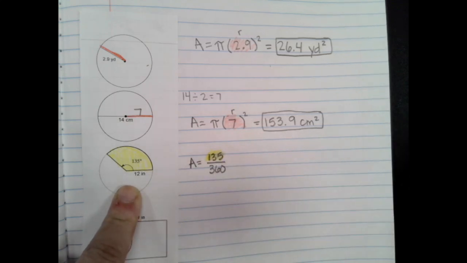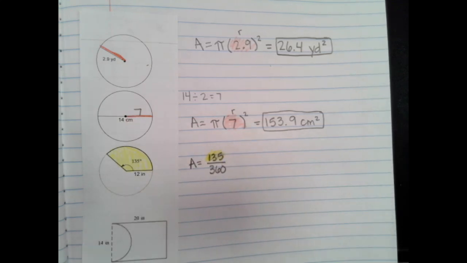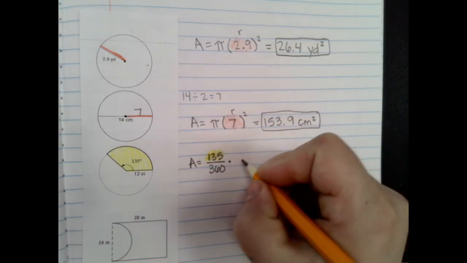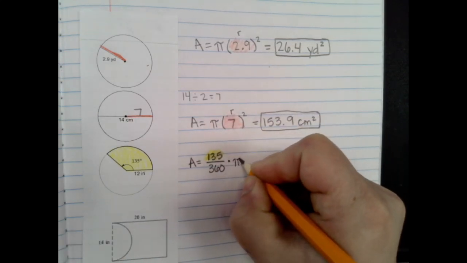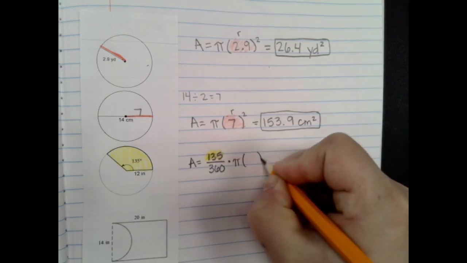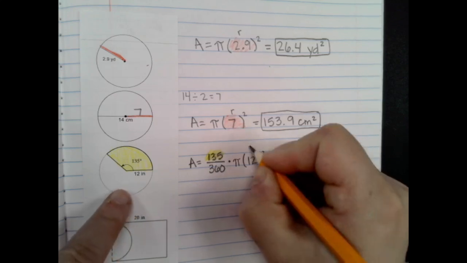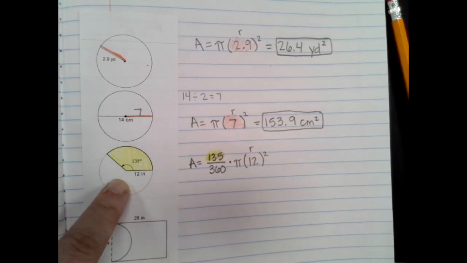So 135 out of 360. And then times the whole circle formula, the pi r squared. So pi times, what is our radius this time? 12, yeah. It's really nice this one, they give us that radius, so we don't have to do that extra work.